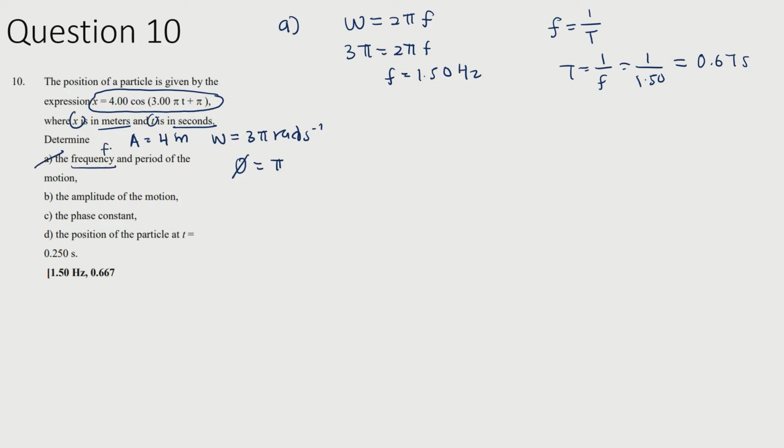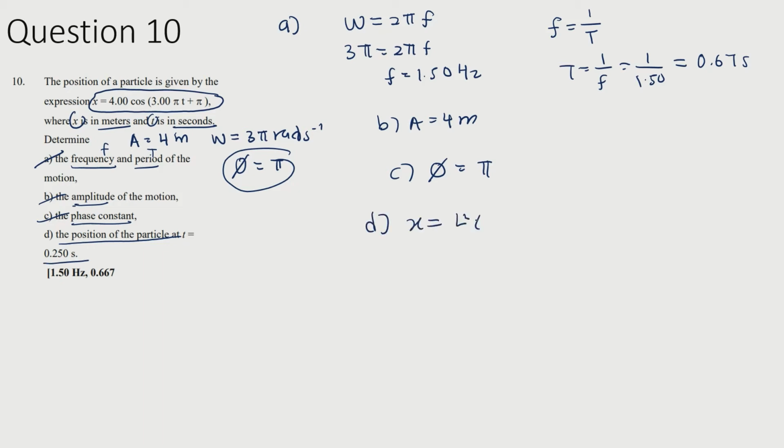We already found the frequency and the period. Second question, the amplitude of the motion. We know the amplitude is 4 meter. And the phase constant is π radian. And the position of the particle at time equals to 0.25 seconds. So we have this expression, 4 cos(3πt + π).